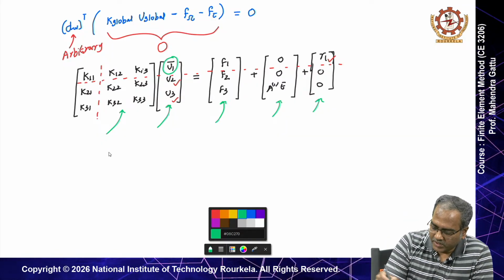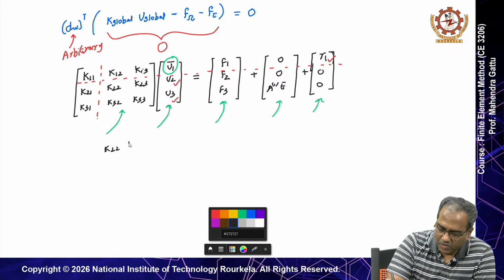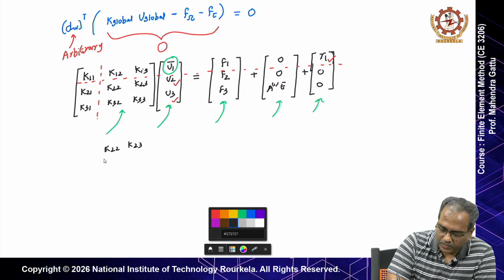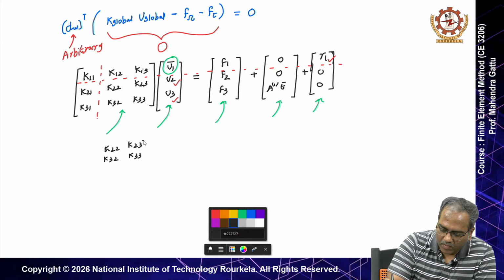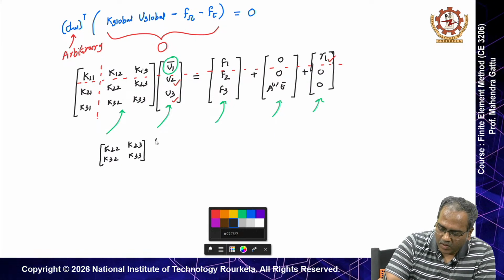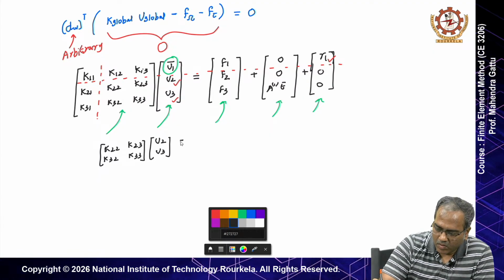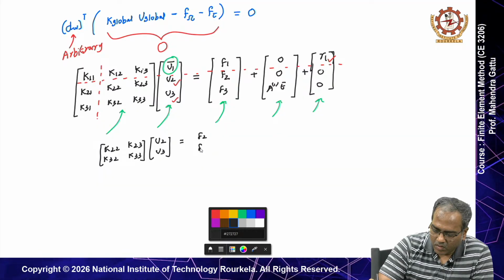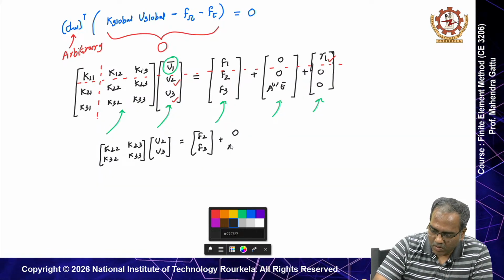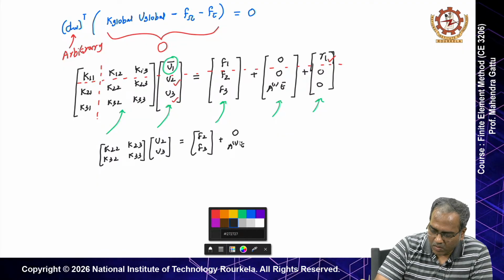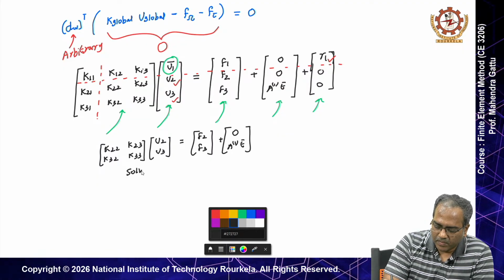If I work with the second row and third row, I will get K22, K23, and T bar. So, you can solve for U2 and U3.